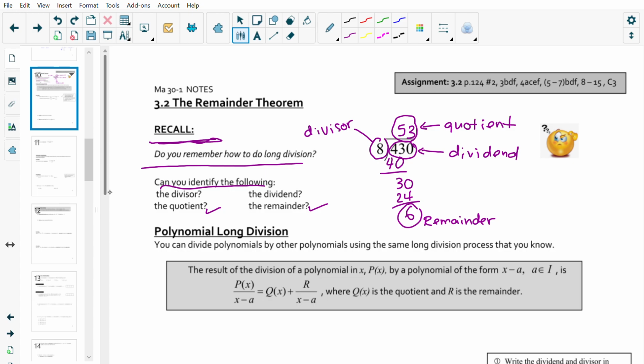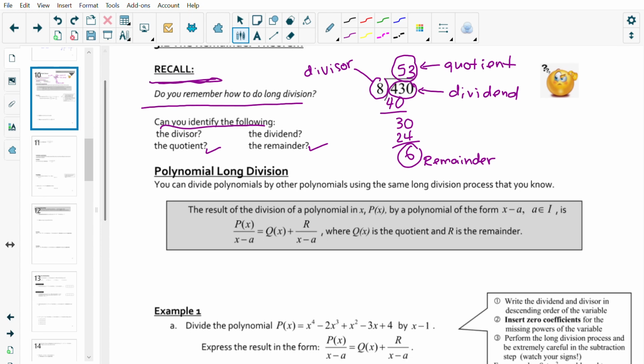Now that we got that out of the way, polynomial long division. You can divide polynomials by other polynomials using the same long division process that you know. Just bear with me for now. I'll read this.